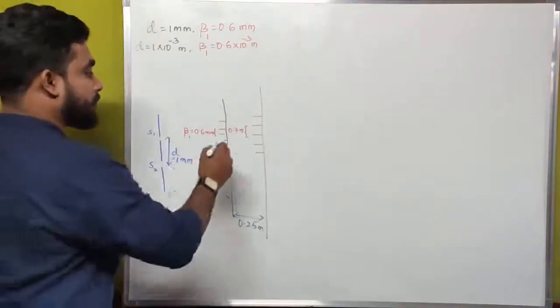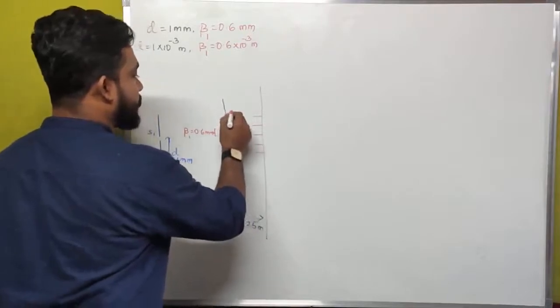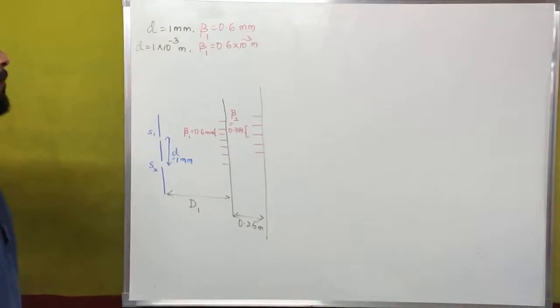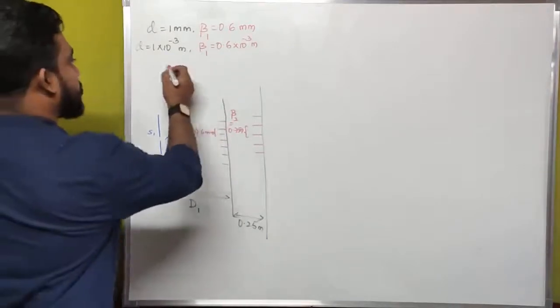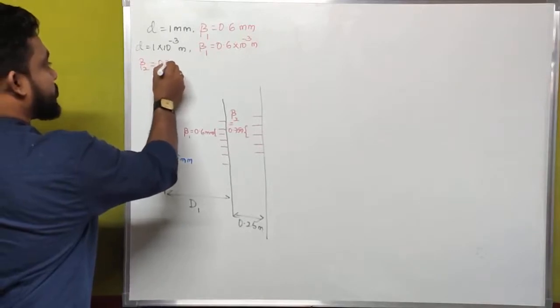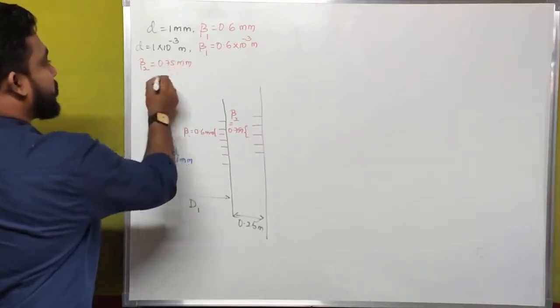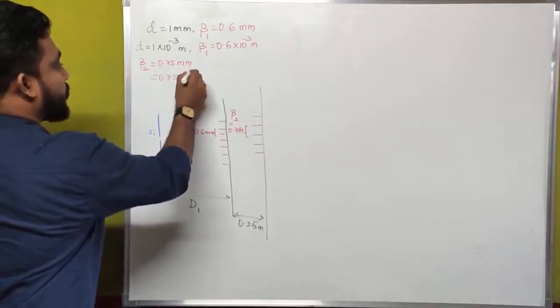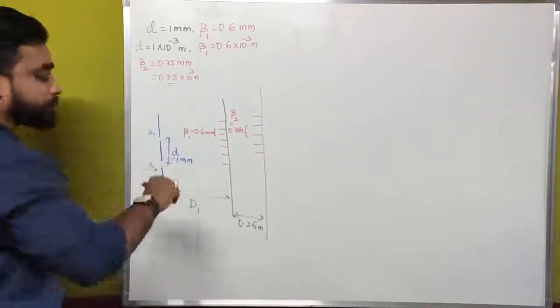We can assume this fringe width as beta 2. Beta 2 is equal to 0.75 millimeter, or we can write that as 0.75 into 10 to the power of minus 3 meter.